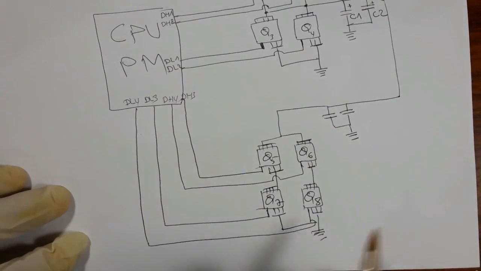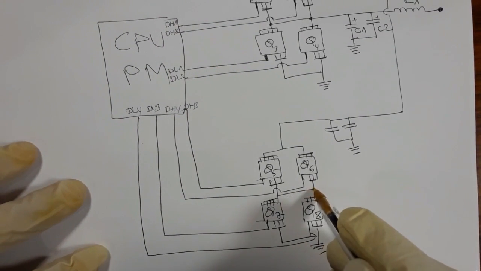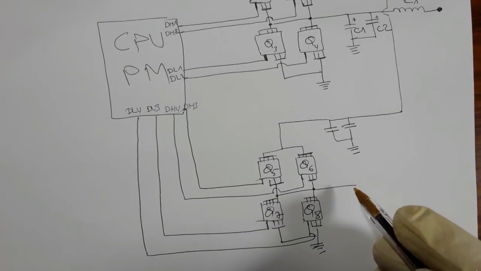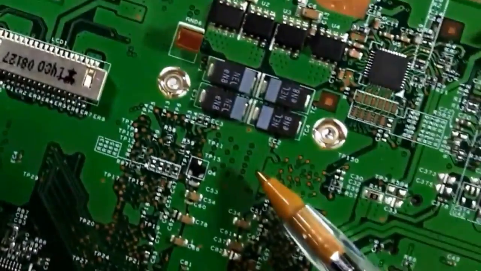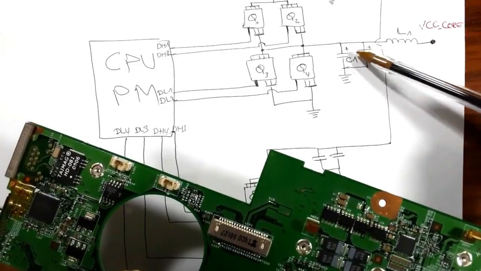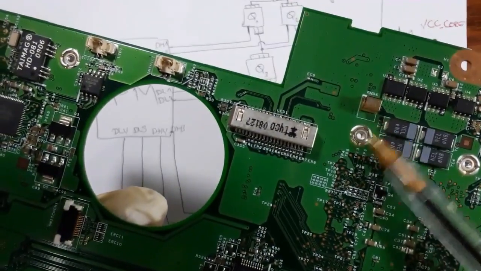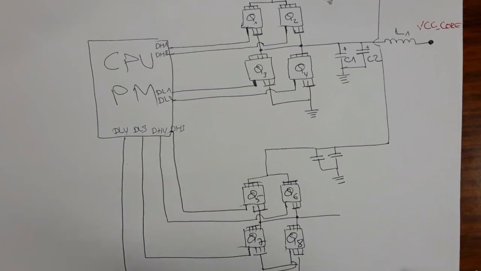Okay, for this MOSFET. Also here the same, as you can see, we have other two capacitors, as you can see. So these two capacitors are this, and we have other two capacitors. Let's draw it here with the coil.